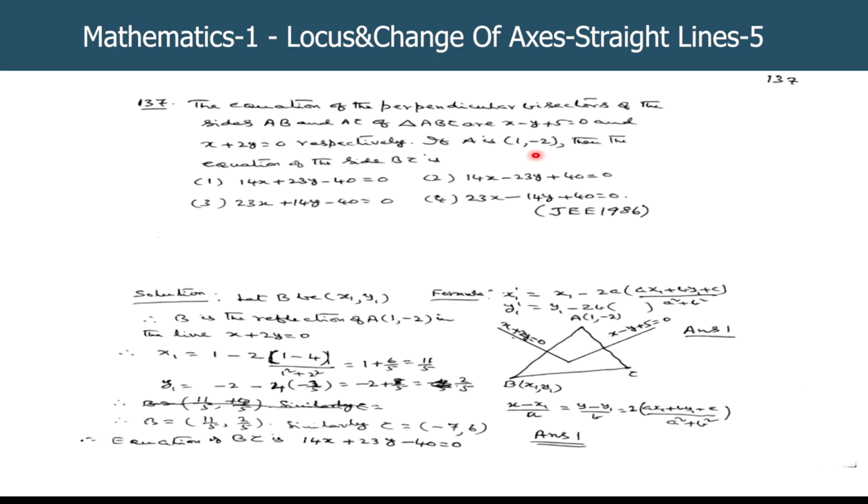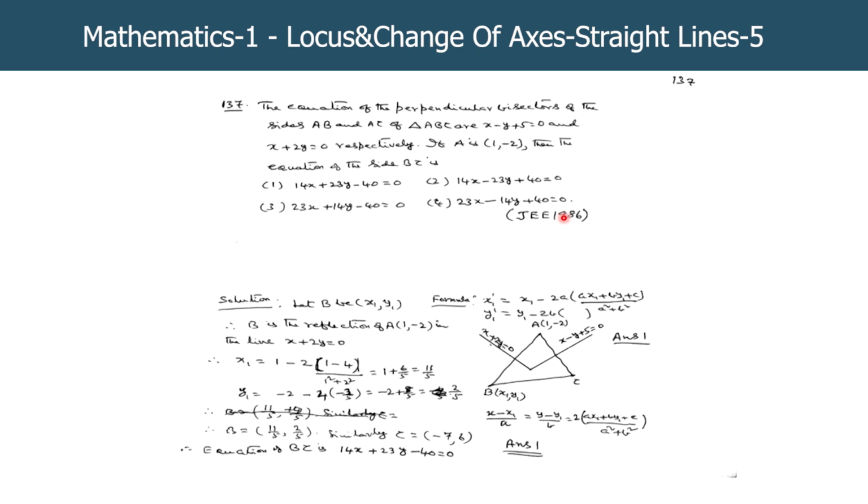If A is (1, minus 2), then the equation of the side BC is: 1) 14x plus 23y minus 40 equal to 0, 2) 14x minus 23y plus 40 equal to 0, 3) 23x plus 14y minus 40 equal to 0, and 4) 23x minus 14y plus 40 equal to 0. This of course was asked long back in IIT JEE, in 1986.